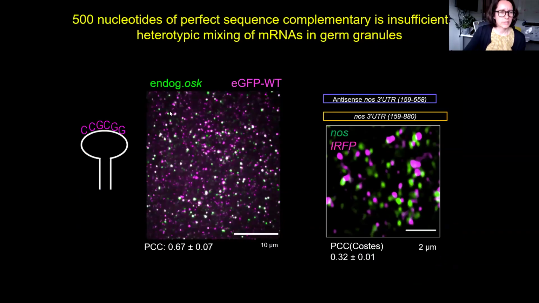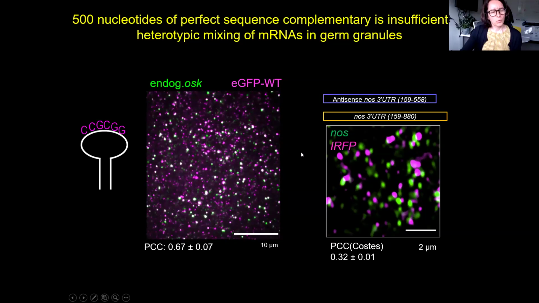And for another comparison, I showed you before that a single 6 nucleotide long exposed palindrome is sufficient to co-organize endogenous Oscar with a transgenic RNA, whereas this 500 nucleotides is not sufficient within the context of germ granules. So it really was suggesting that these interactions, should they occur, are probably regulated.